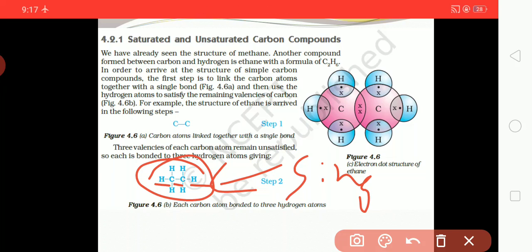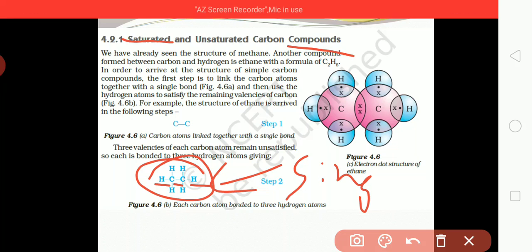So if in a whole compound only single bonds are present, then such a compound is said to be a saturated compound.